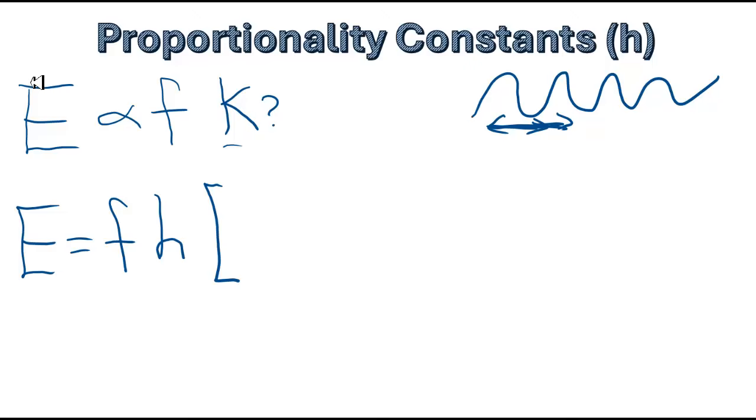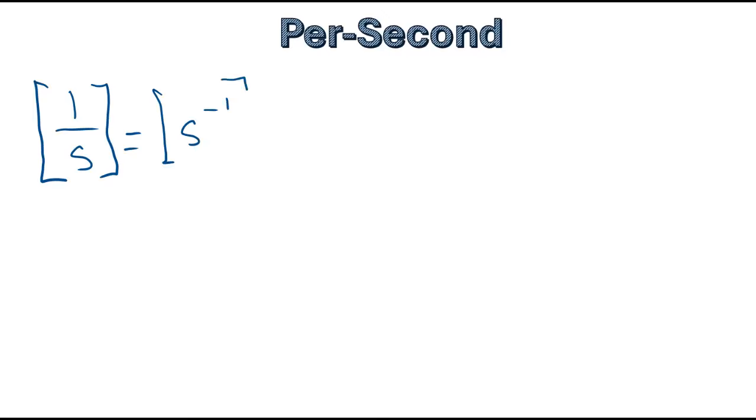Historically, frequency is written as 1 over s, which is per second. You could also write s to the minus 1, which is often done.